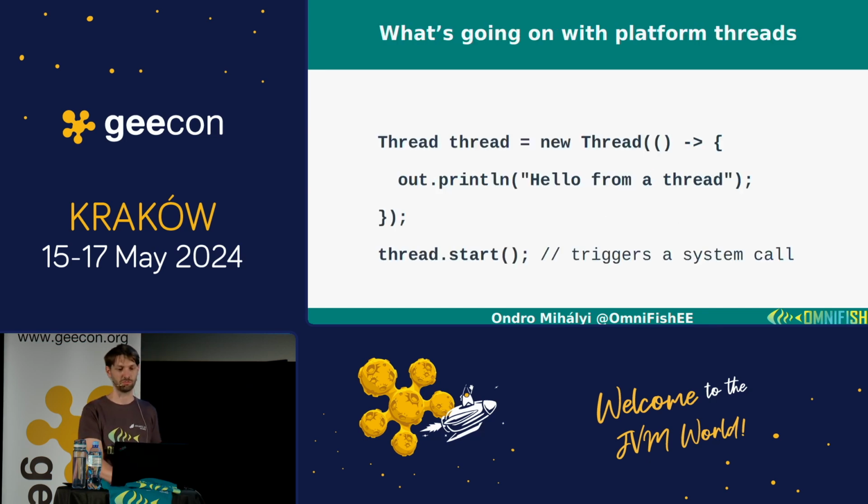there's much to be improved. This is how it looks when you create a thread in Java. There are also new ways to do it, but this is the very basic. The problem with this is that first you create an object, just a Java object.